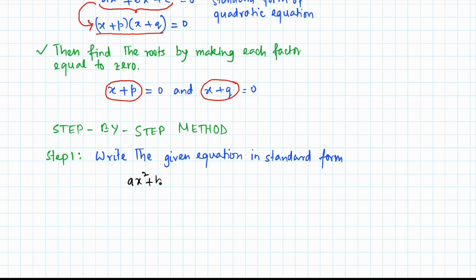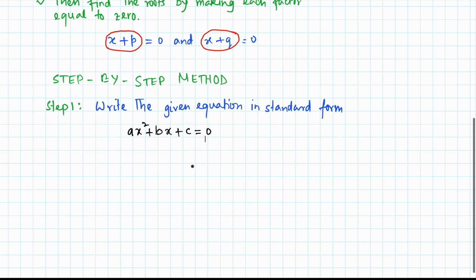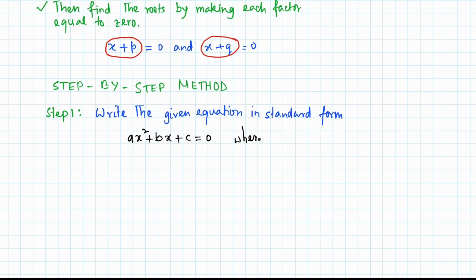Whatever equation is given, if the variable x has power 2, we consider it a quadratic equation. We have to express the whole quadratic equation in the form ax square plus bx plus c equal to 0, where a should not be equal to 0.